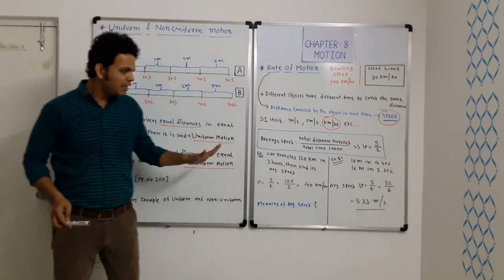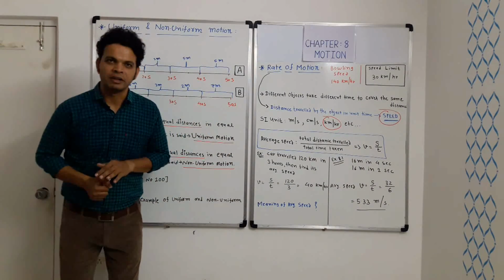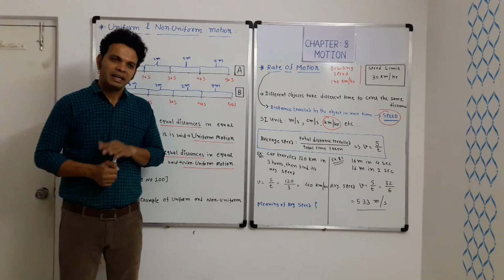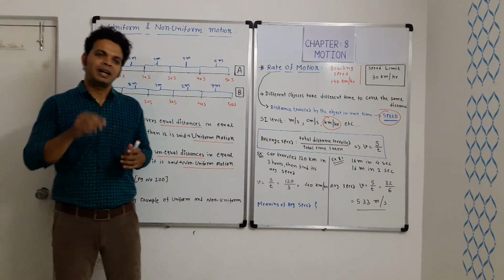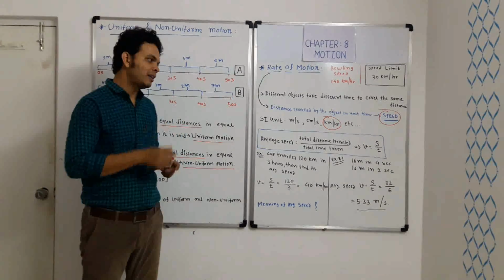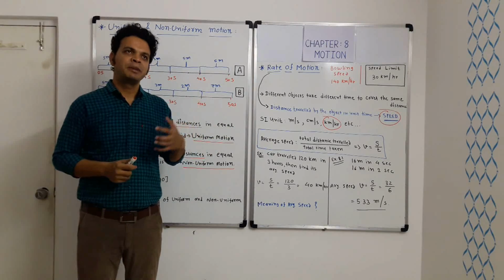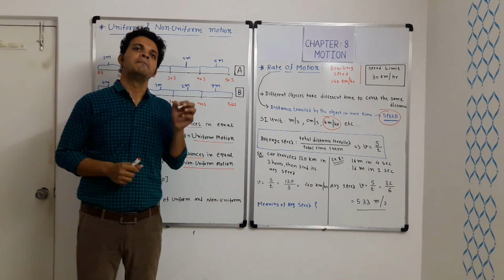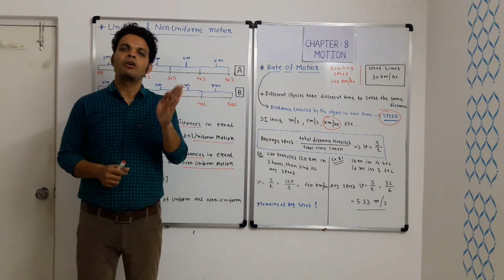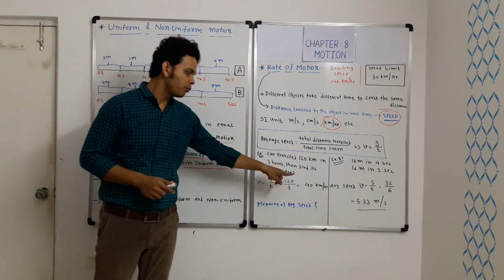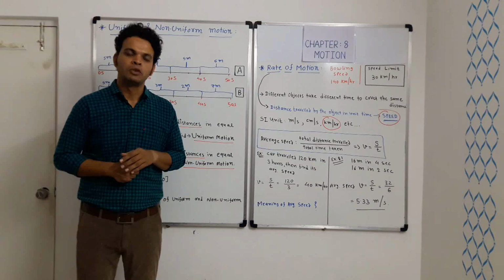Now, what is the meaning of this 40 km per hour? Can you guess? Is it so that from the starting point of the car till 3 hours, that means 180 minutes, the needle of the odometer always shows 40 km per hour? No, it is not like that.